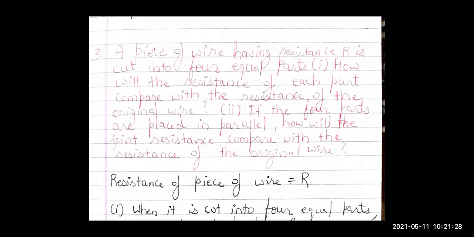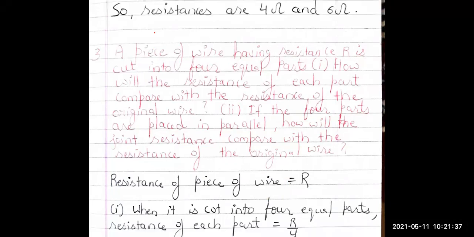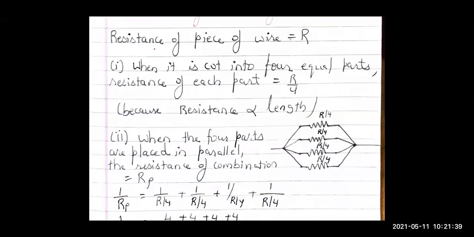So first, let's take a piece of wire and cut them into 4 parts. So the resistance of the piece of wire is R, right? Now, when we are cutting them into 4 parts, their length will become L by 4. Suppose the wire is of 40 centimeters.